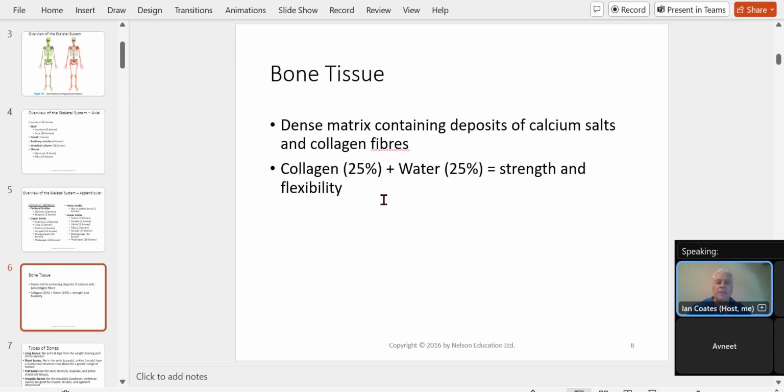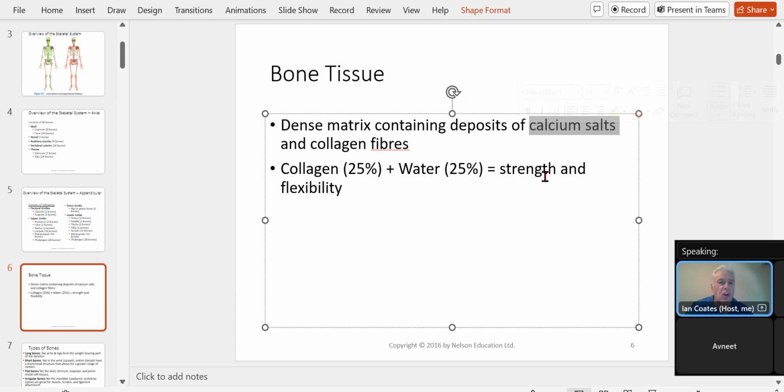Bone tissue is a dense matrix containing deposits of calcium salts. You're going to see there's calcium, there's phosphate, there are all these different inorganic salts. And by salt, yeah, I do mean table salt, but it's also the chemistry word for the kind of crystals that we utilize in our body: sodium chloride, calcium, all these different ones, and we call them salts.